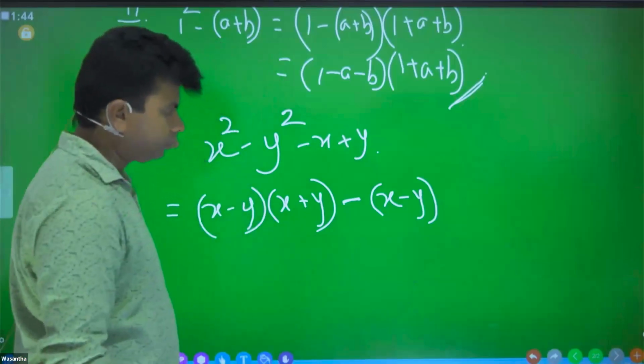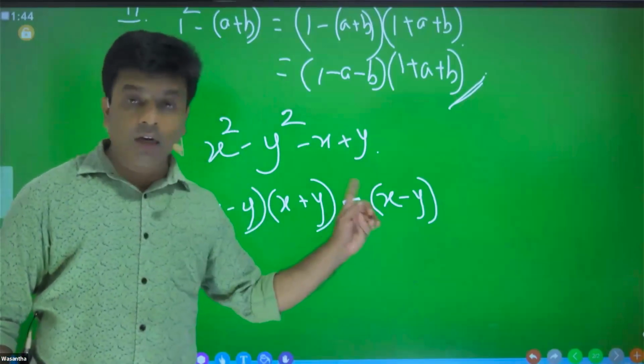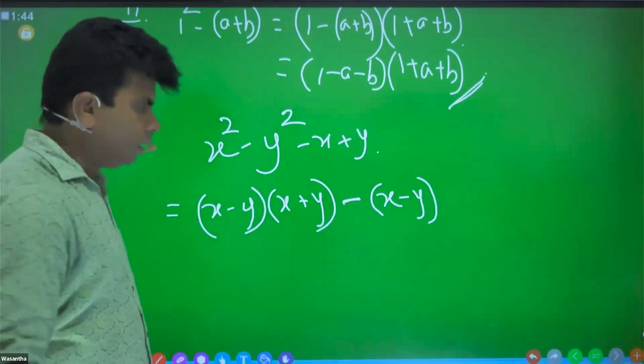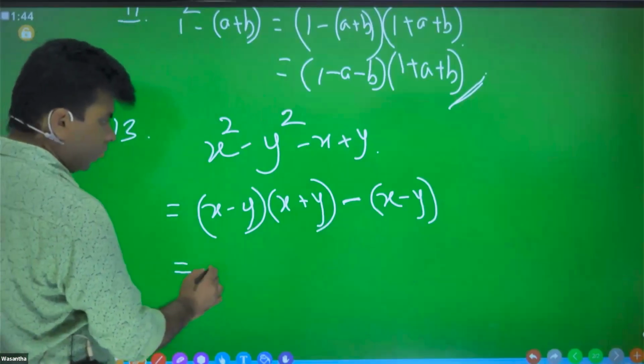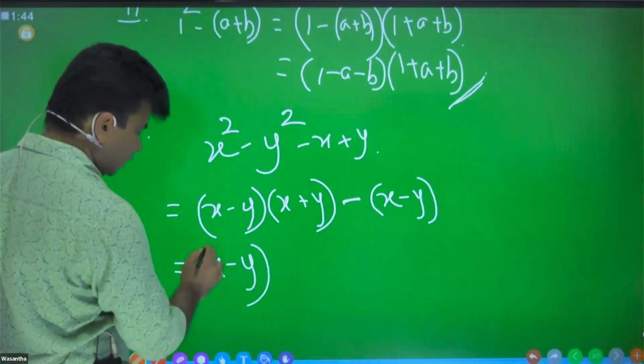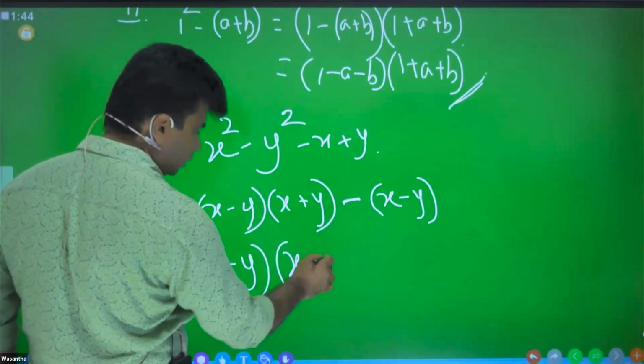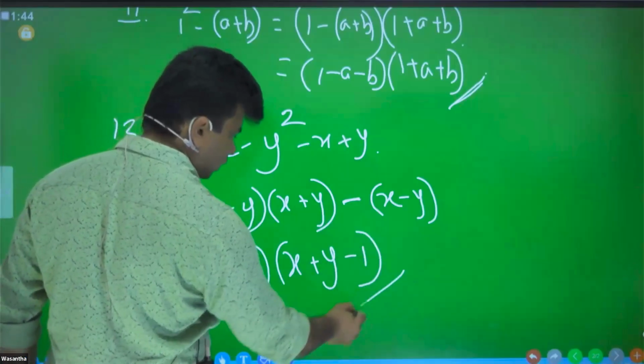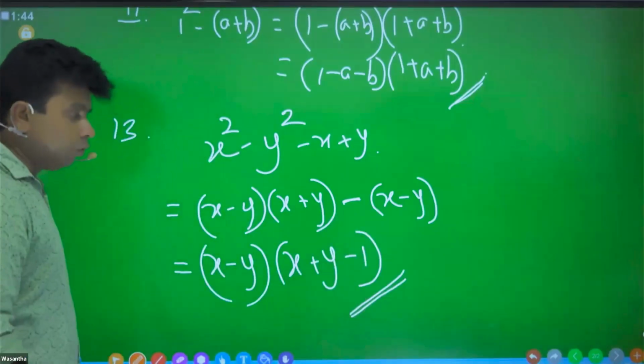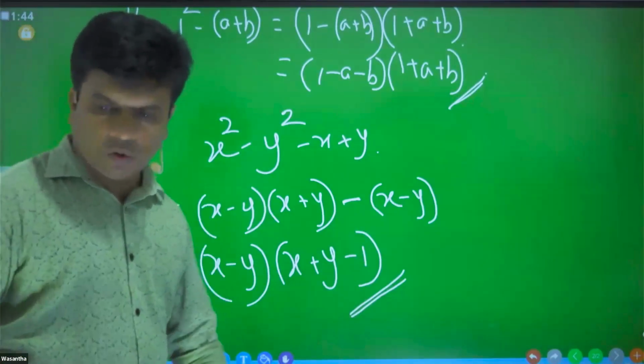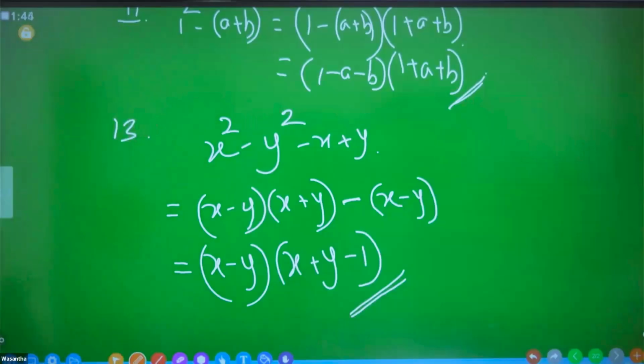Minus into x minus 1. So therefore, you can see that the highest common factor is x minus y, and the other factor is x plus y minus 1. This is how we factorize. Is it clear? Who got this answer? Okay, good.